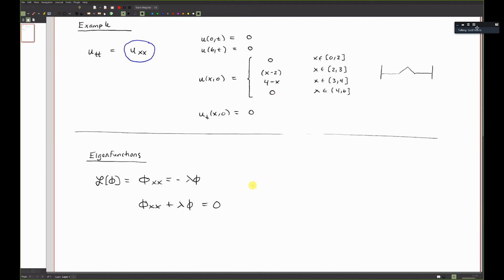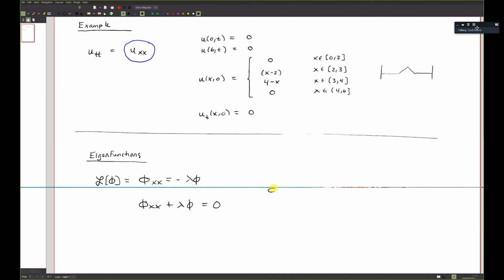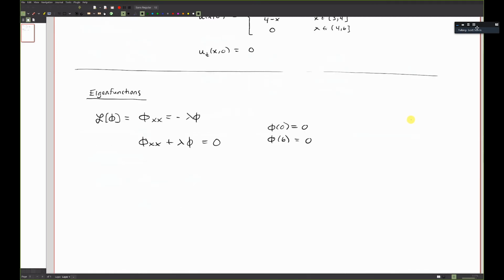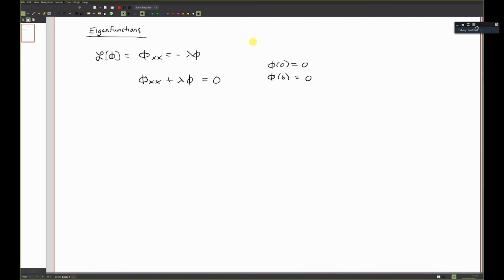And the only thing that's a little unusual, again, is this domain. I've got phi of 0 is 0, and phi of 6 equals 0. So other than that 6, this is a problem that we have done many times before.